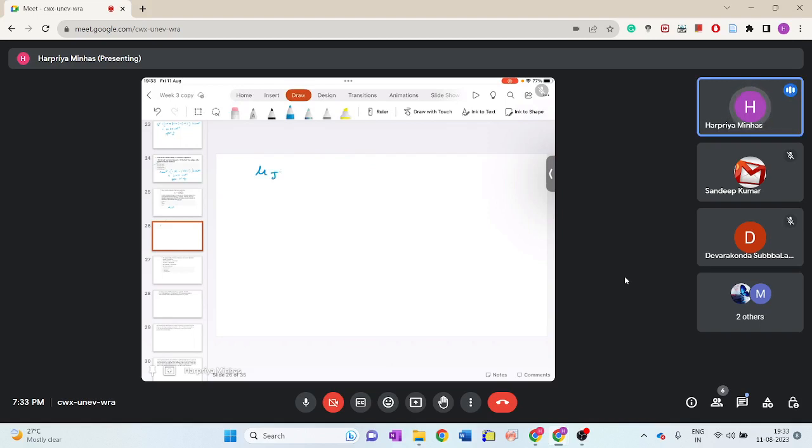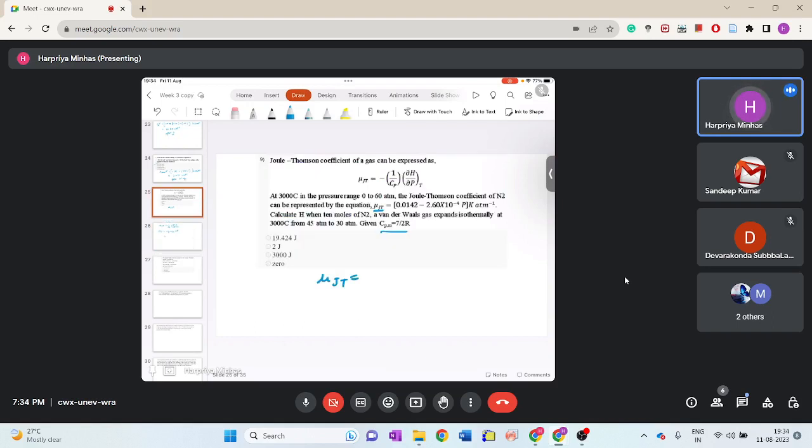Okay, so we are having the equation. This is what is given in the equation, and from here, for delta H at constant temperature, we can write it as minus Cp mu JT into dP, right? And now our mu JT value is 0.142 minus 2.6 into 10 to the power minus 4 P, in Kelvin per atmosphere, right?